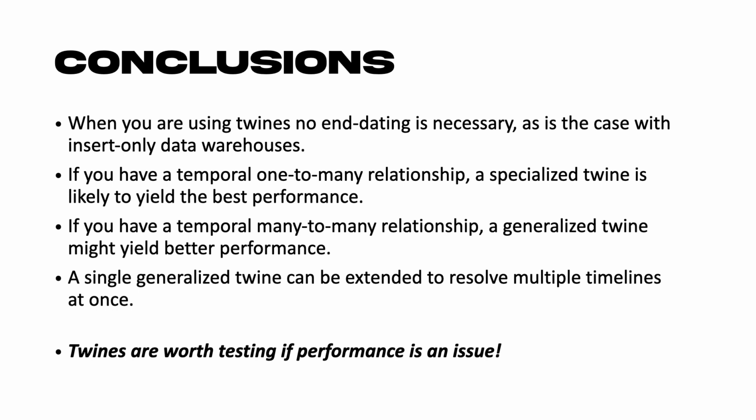It's not necessary in the other case either, but you will materialize some sort of end date on the fly there anyway. If you have this temporal one-to-many relationship, then you can use this specialized twine, which seems to perform better than the traditional type of join in every case that we tested.